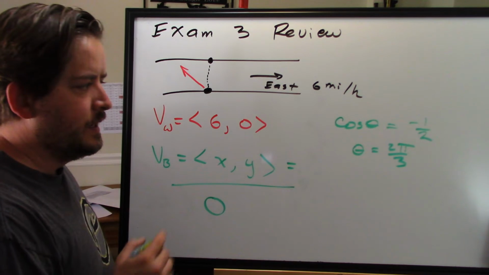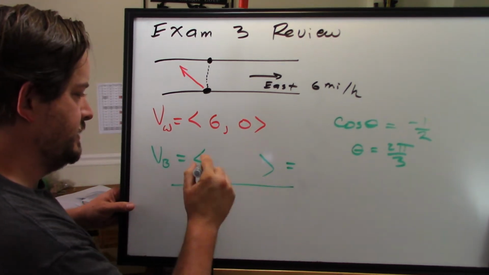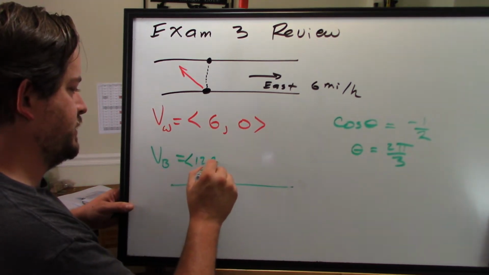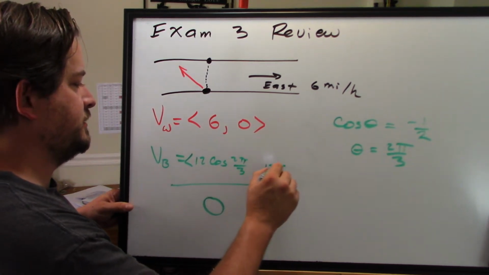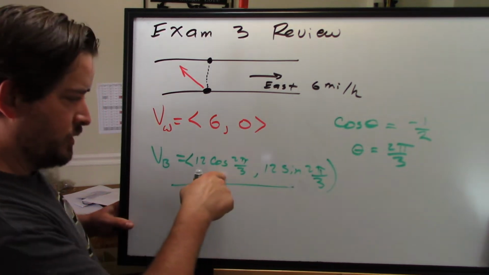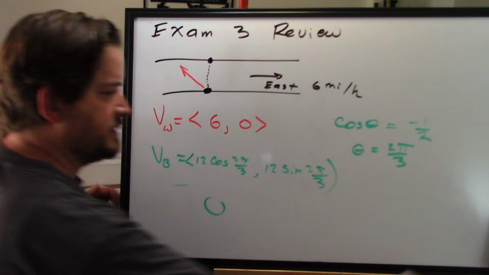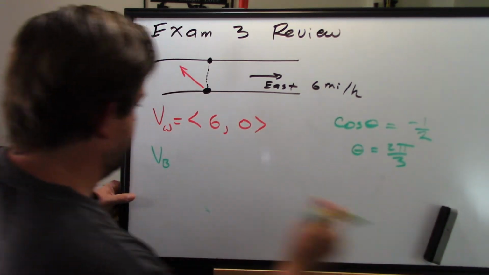Right? And so that tells me that this x, y should be 12 cosine 2 pi thirds, 12 sine 2 pi thirds, which of course 12 cosine 2 pi thirds is negative 1/2. I'm going to erase this one more time. I'm sorry, I wish I had a humongous board to work on, but I don't.